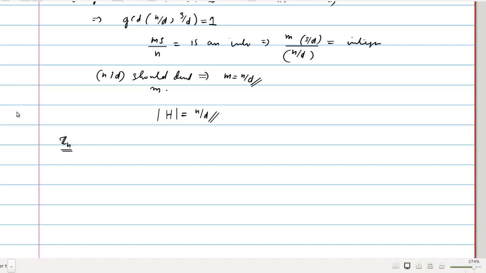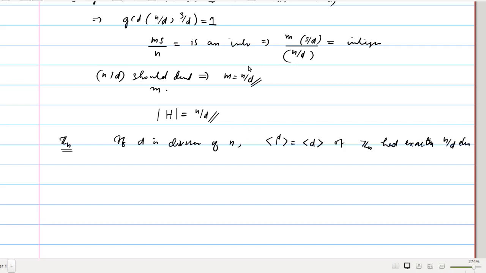We see that if d is a divisor of n, then the cyclic subgroup generated by d, that is the cyclic subgroup generated by 1 plus 1 plus ... d times, that is the cyclic subgroup generated by d of Zn, has exactly n by d elements.